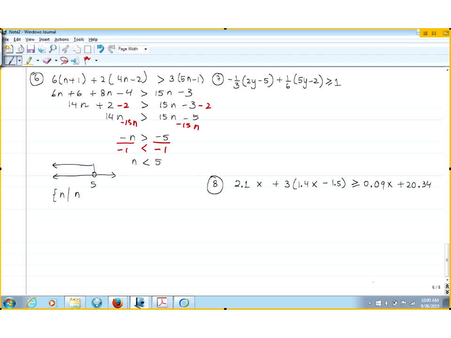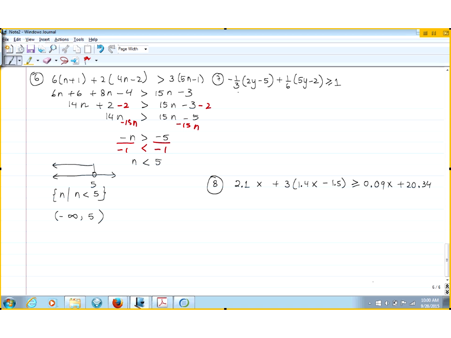So this is n such that n is less than 5. Now, what is the interval notation? Negative infinity, comma, 5, parentheses or bracket here? Correct. So if you didn't do it correctly, it was just the sign here. So you have to remember.